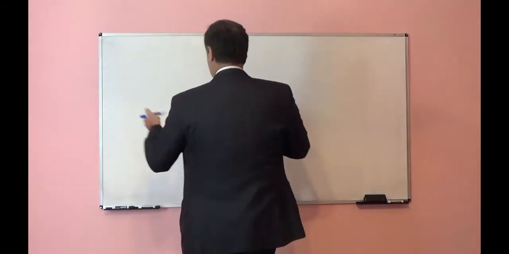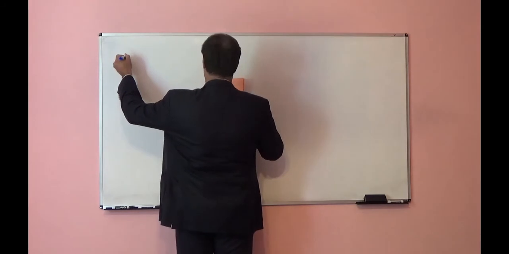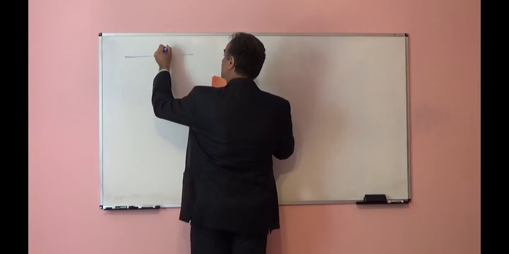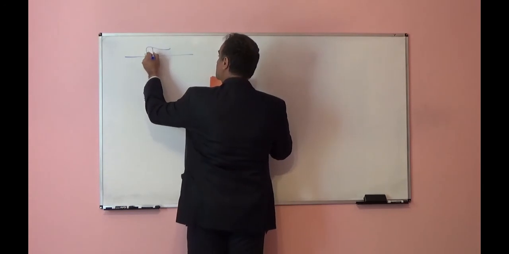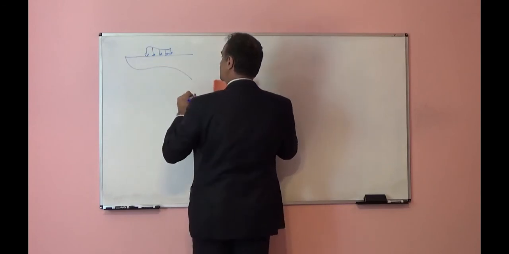If you remember, let's review what we had. If we have one structural member, initially it is straight, subjected to external load. After deformation, we will have deformation something like this.